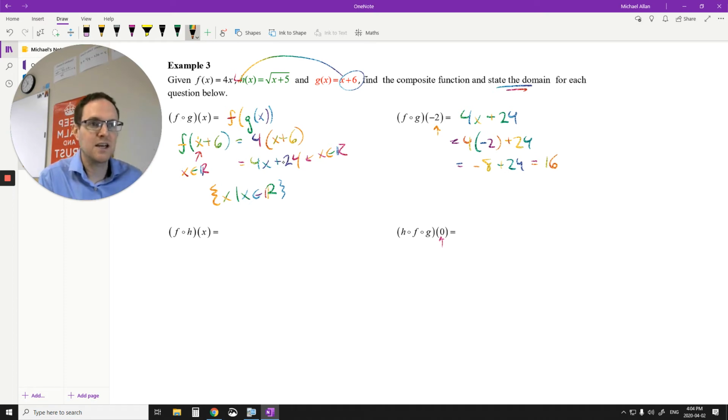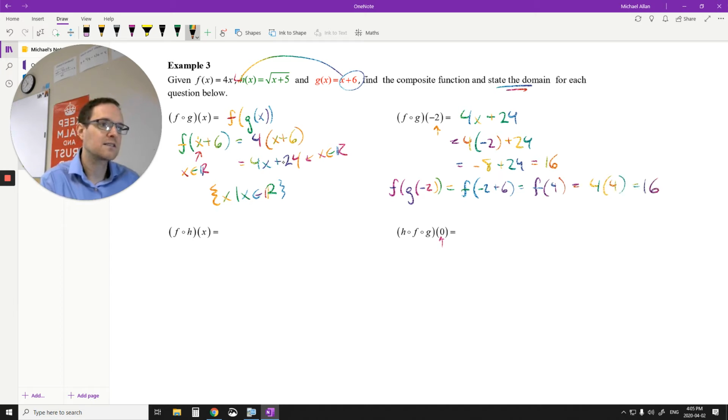But if I try this the other way, remember what we did before, f of g of negative 2, I can first calculate what g of negative 2 is. g is x plus 6, so negative 2 plus 6. That would be f of 4. And then I can put 4 into f. That's 4 times 4. I get 16. So it works out the same way both ways.